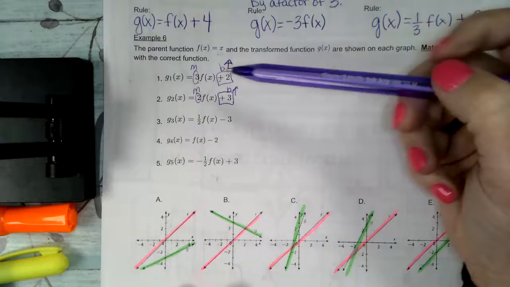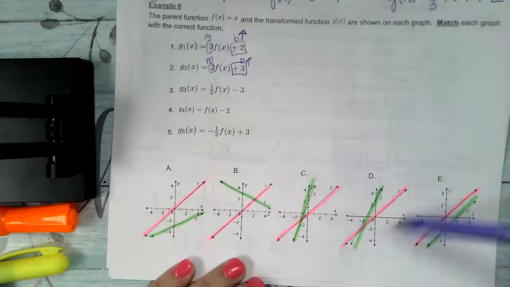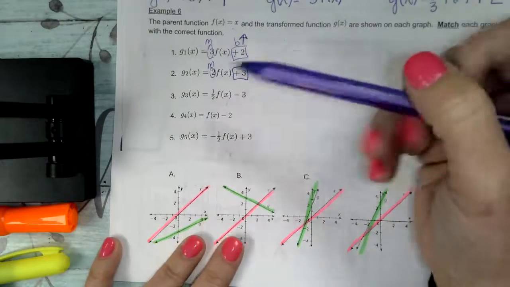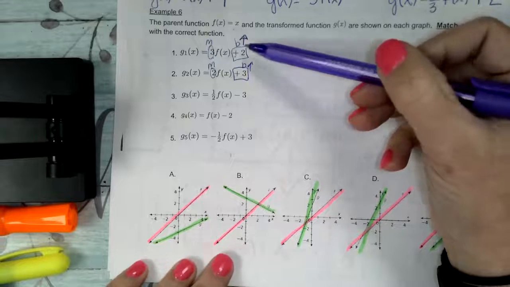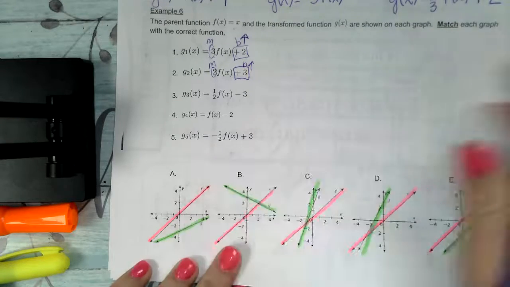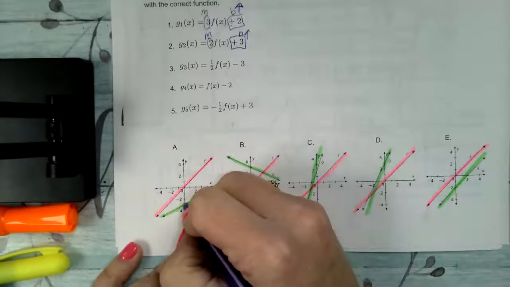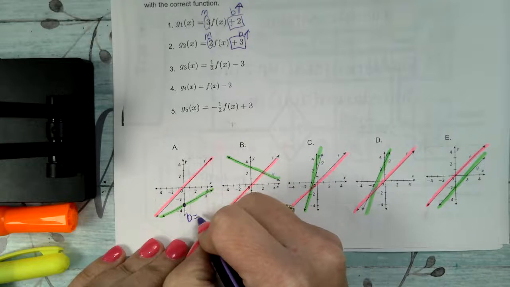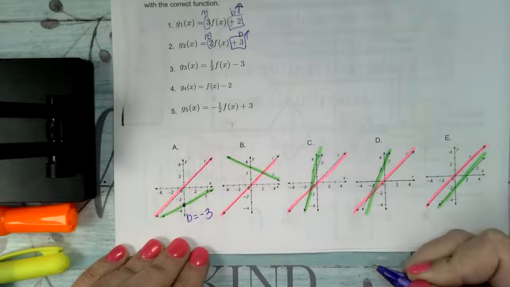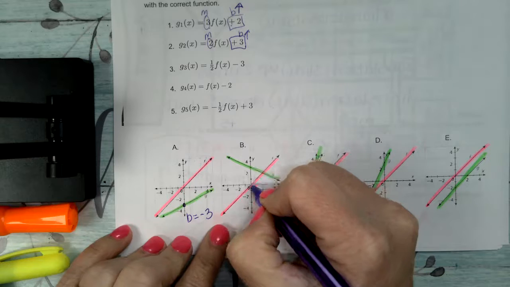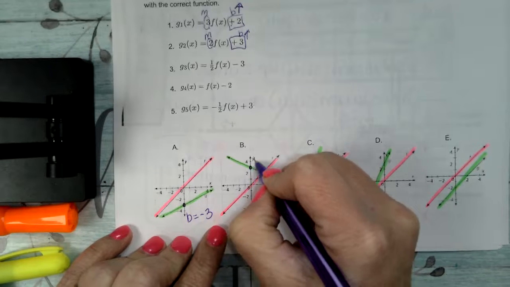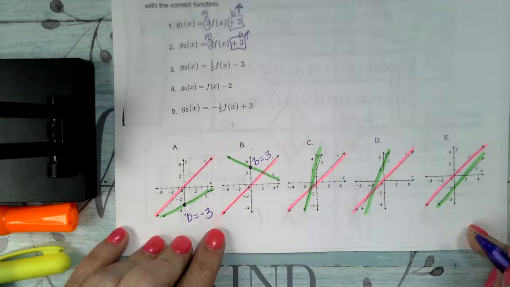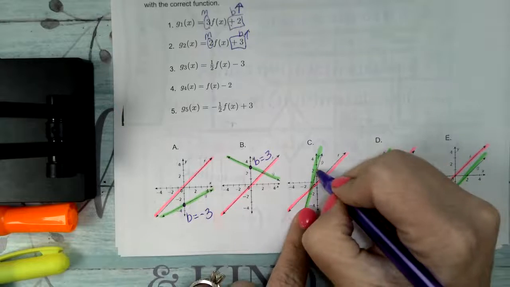So let's compare these two here. The easiest thing, I think, when looking at these is to look at the y-intercept. We're looking for something with a y-intercept of 2 on the green line. If I look at this one, I know immediately my b is negative 3. On here, my b is positive 3.